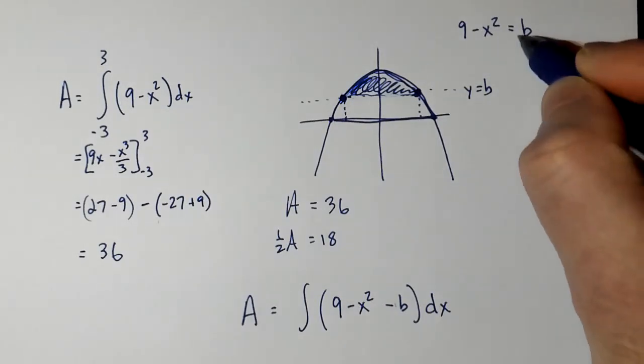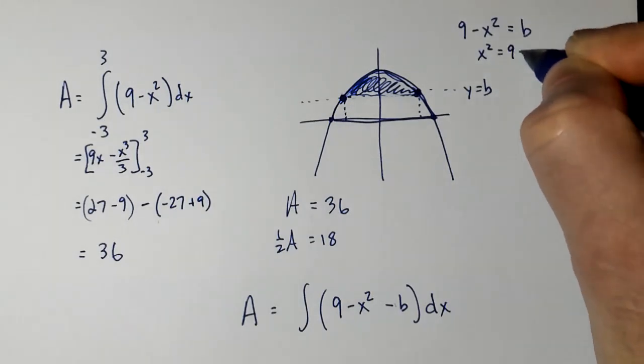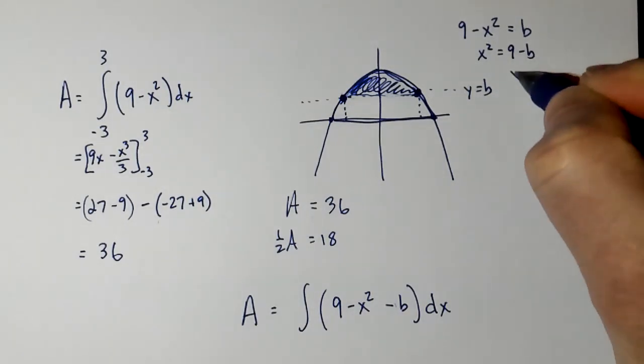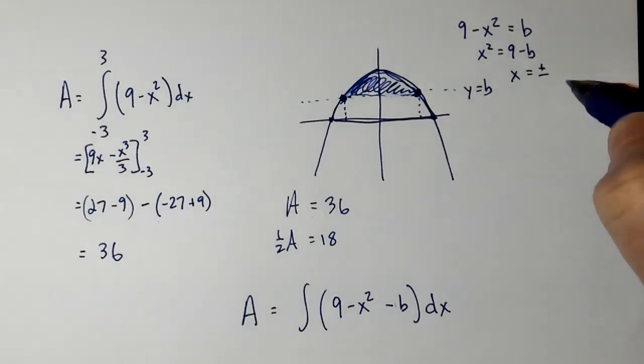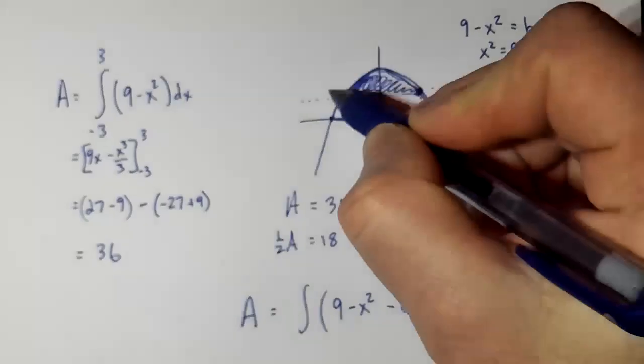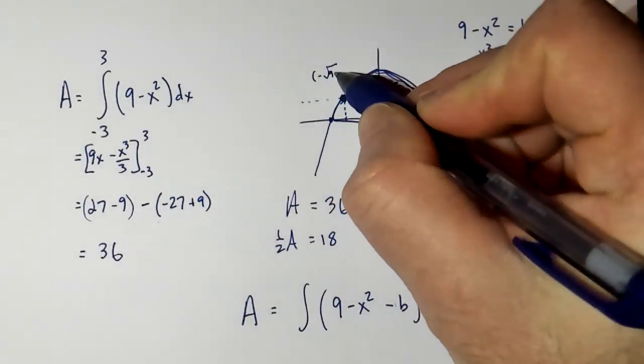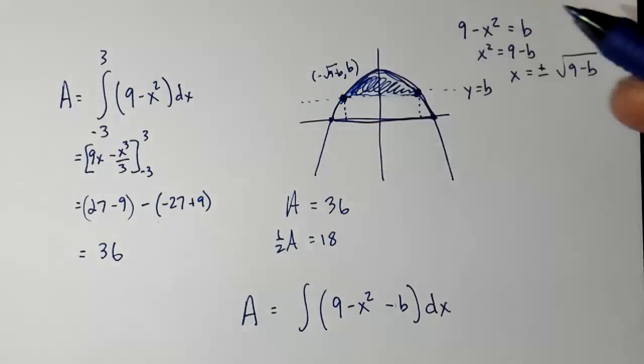So I'm going to add x squared over and subtract b. So x squared equals 9 minus b. So x equals plus and minus the square root of 9 minus b. So that's what these x values are right here. This is going to be negative square root of 9 minus b, comma b.